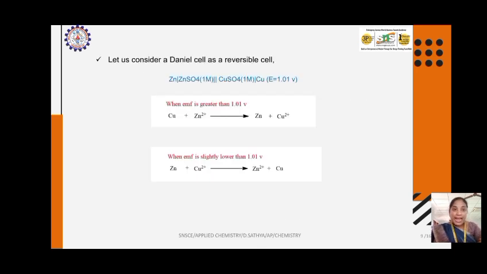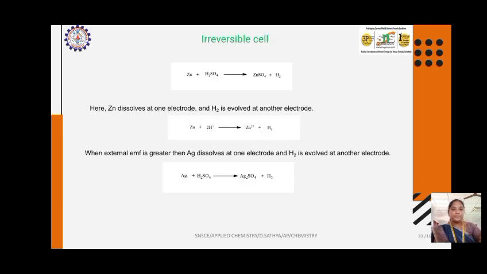Let us consider the Daniell cell as a reversible cell. Here zinc loses electrons to give Zn2+, and Cu2+ gains electrons to give copper. When the EMF is slightly lower, zinc is converted into Zn2+ and Cu2+ is converted into copper.